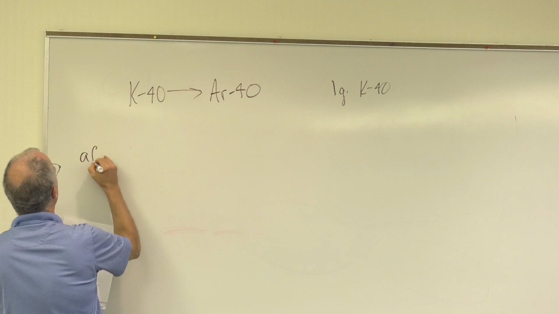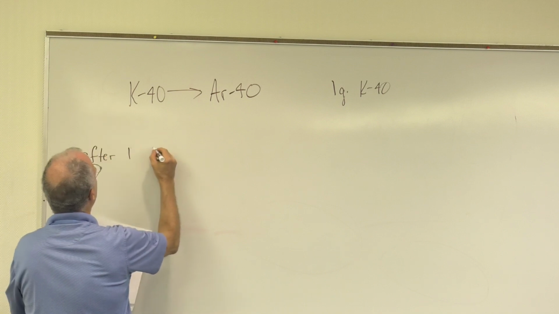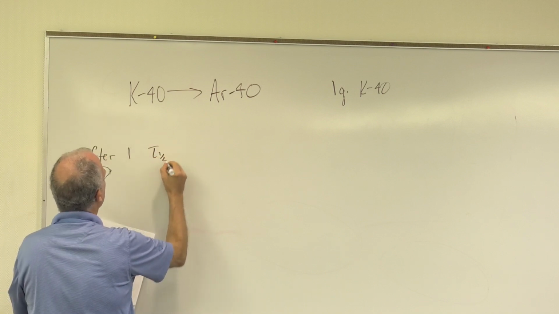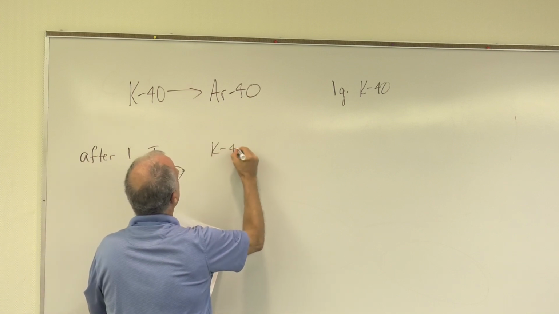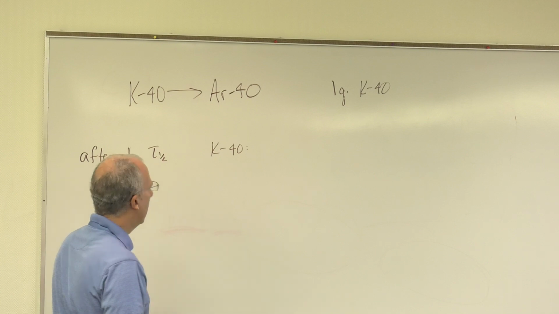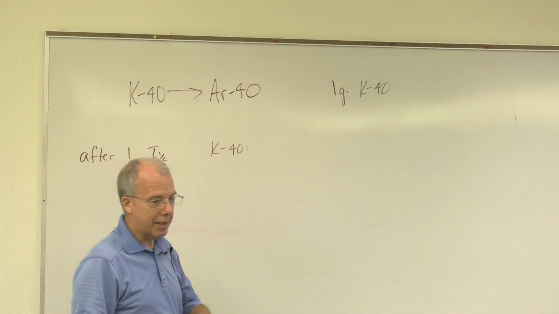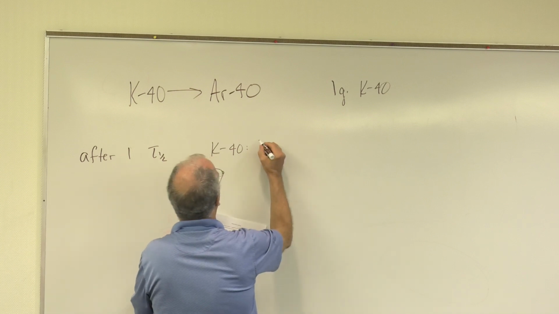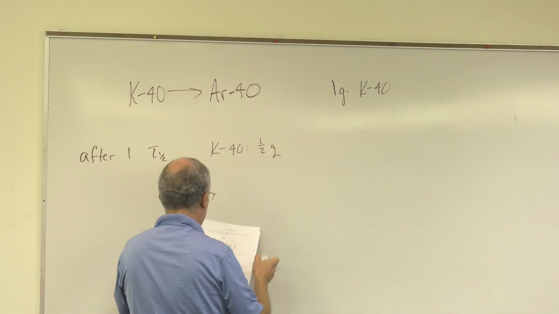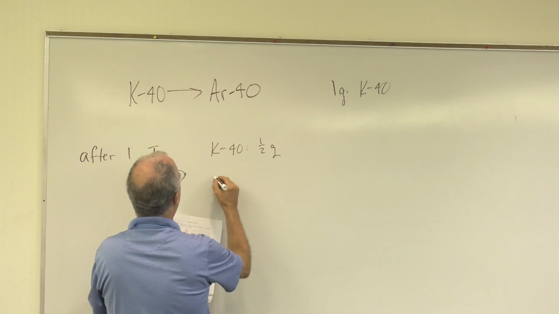So after 1 half-life, how much K40 is there? Well, you started with 1 gram. It's a half-life, so half decays, right? So we have half a gram. Okay. How much argon-40?